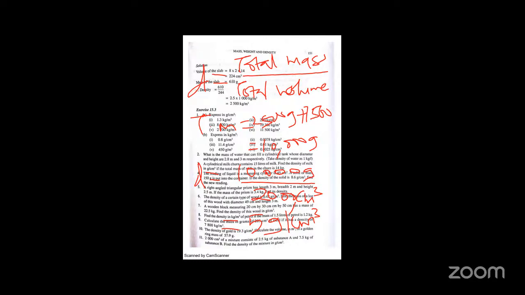So you have to find the individual volumes of the two substances and add them to give the total volume. Then you also determine the individual masses of the two substances and add them. Then you divide the sum of the masses by the sum of the volumes, so you get the density of the mixture.